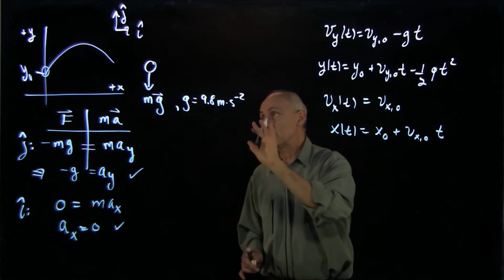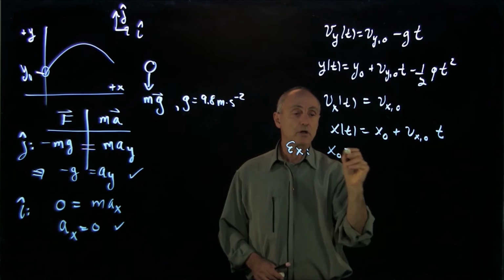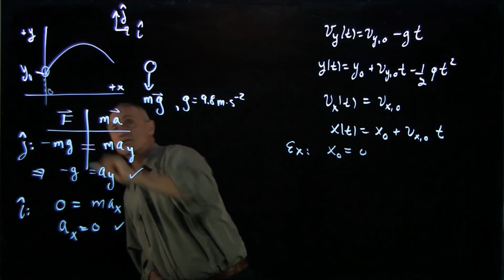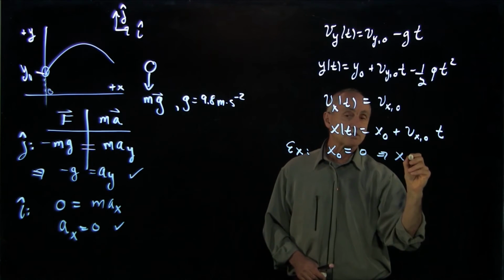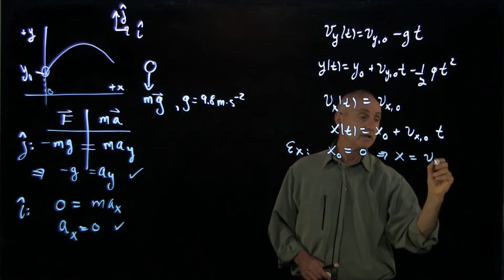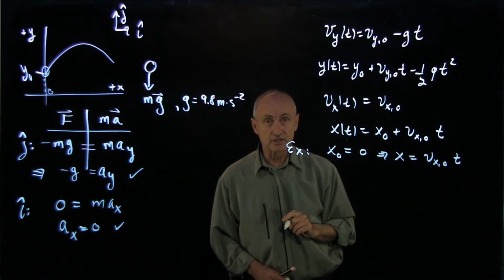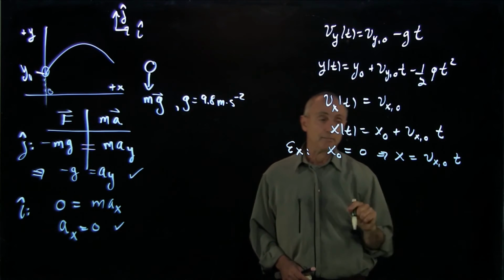Now, for our particular example, it's much easier. Here we have x naught equal to 0. Notice that our object is starting at the origin. And so that tells us that x as a function of time is just vx naught t. I'm dropping the parentheses t. Remember, that's not a product. It's just a function of time.